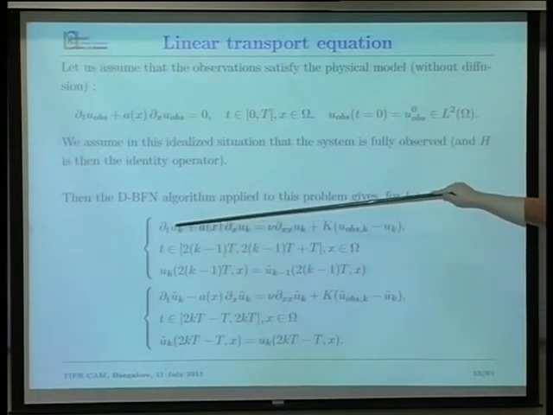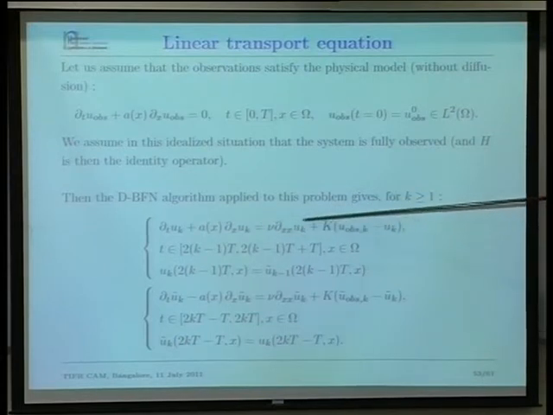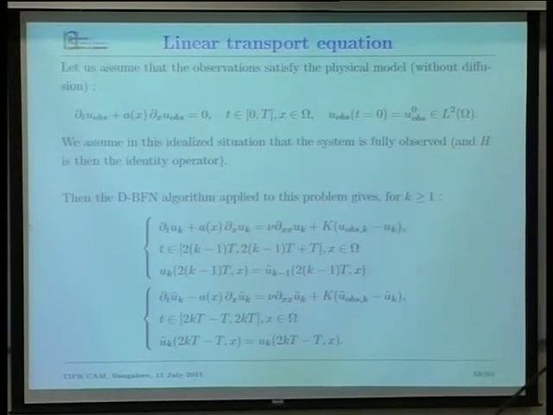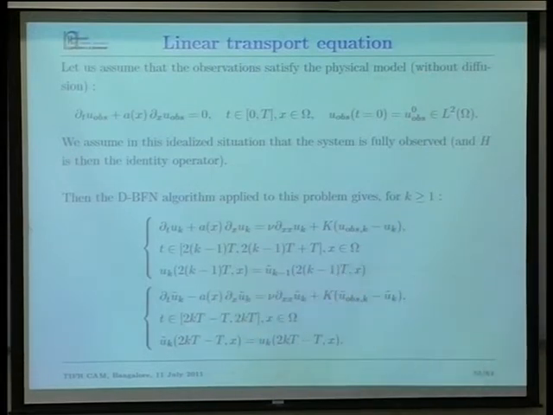So in forward mode, we have plus the transport term, then we add some diffusion to stabilize numerically, and some feedback to the observations. And then in backward solution, we change the time to get everything in forward mode.